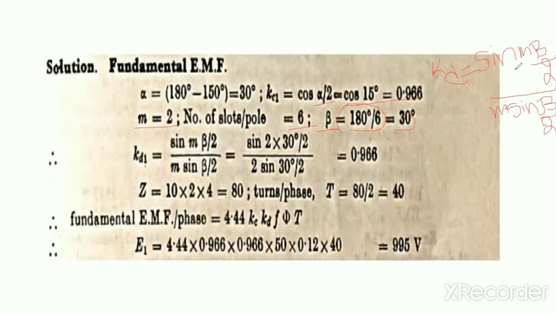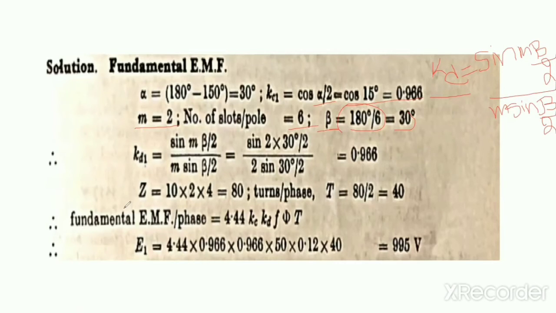M is equal to 2 and beta is equal to 30 degrees. Substituting all the values, KD is equal to sin of 2 into 30 by 2 divided by 2 sin 30 by 2.